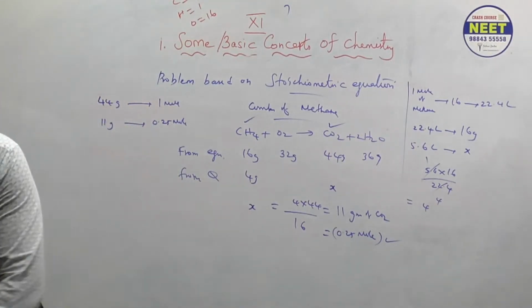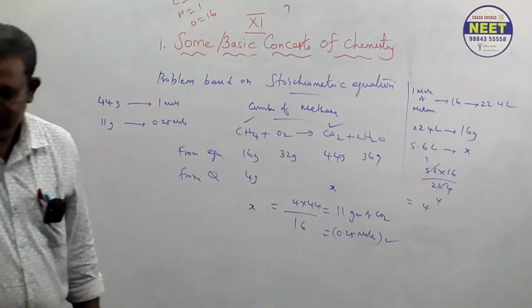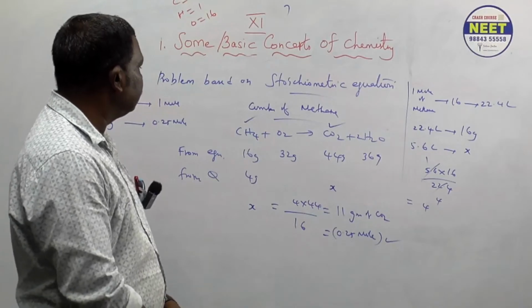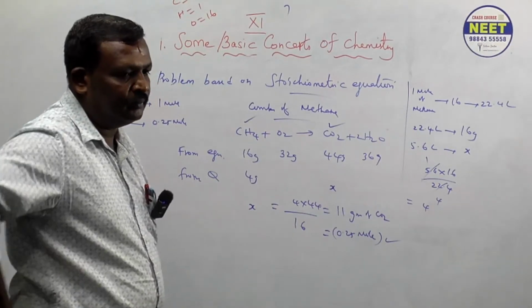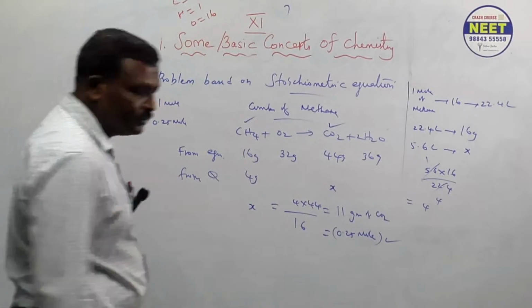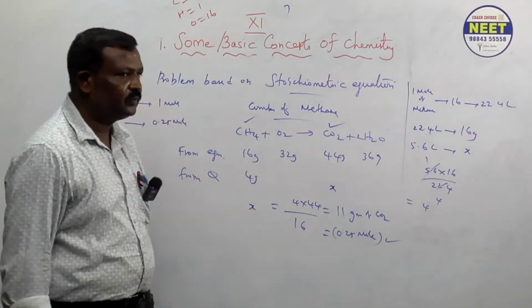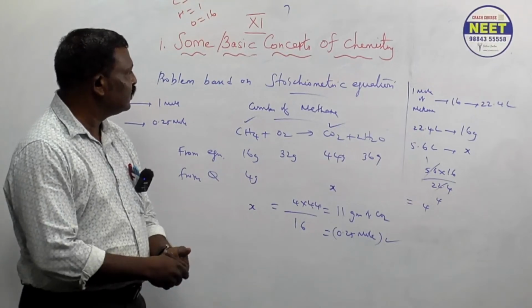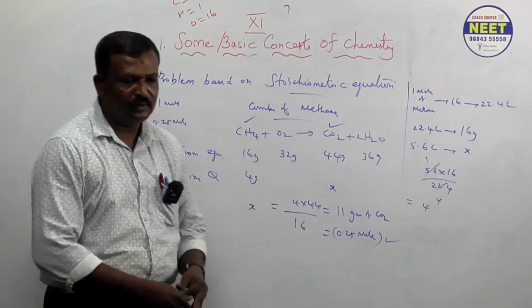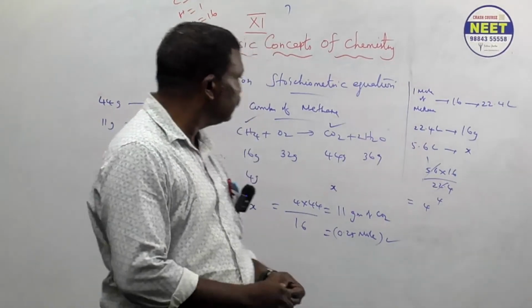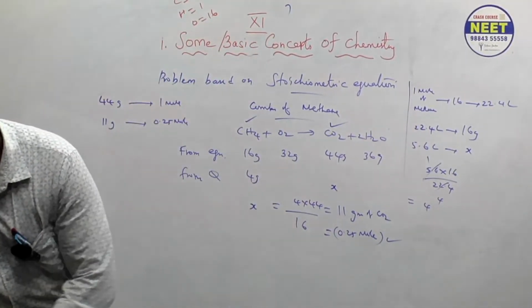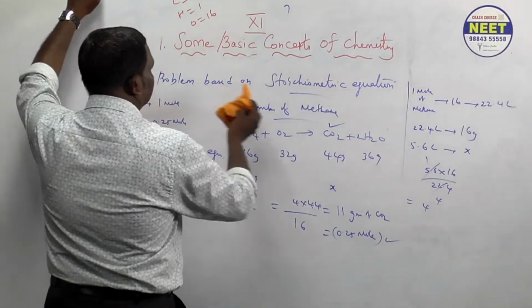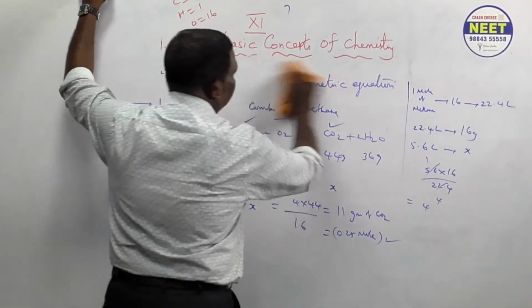Understood? These are the sums you just go through based on the stoichiometric equation. Then empirical formula, molecular formula.